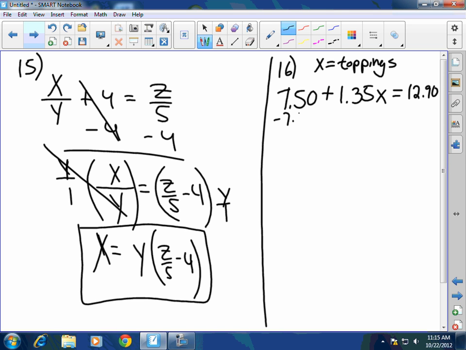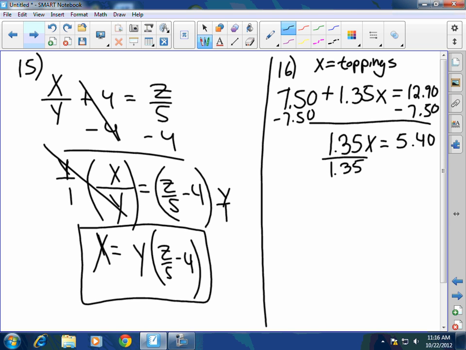You subtract $7.50 from both sides. You're left with $1.35 times every topping x equals $5.40, divided by 1.35. x is going to equal, on the money, 4.